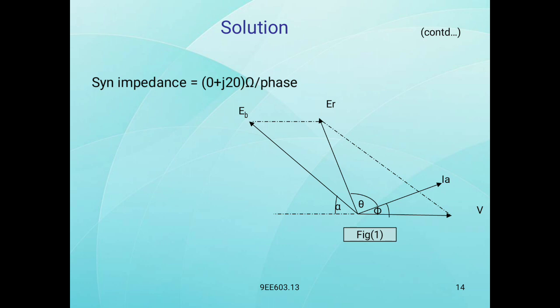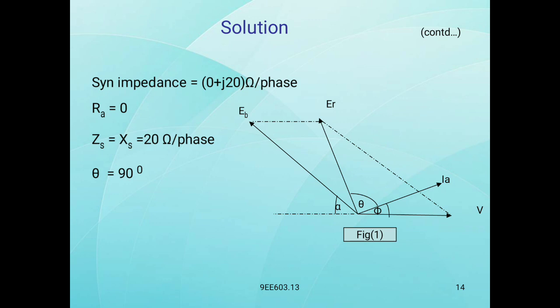Synchronous impedance is 0 plus j20 ohms per phase. Here RA is equal to 0 and ZS is equal to XS, 20 ohms per phase, and theta is equal to 90 degrees.